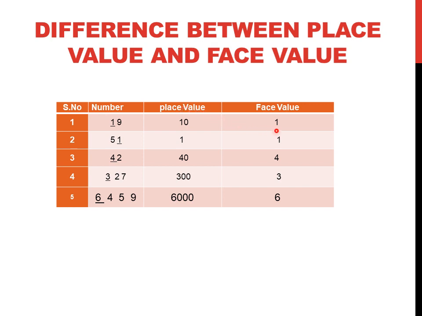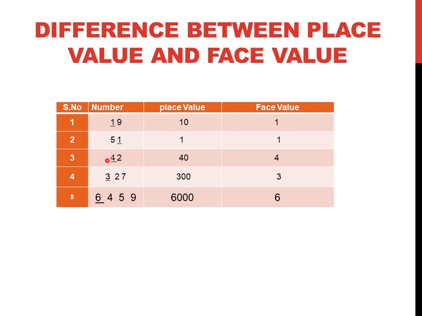Face value is always the same. The same number you need to write. So that is number 1. Here we have 51. Number 1 is underlined. 1 is in which place? 1's place. So what is the place value? 1. And face value is also the same, because here it is number 1.